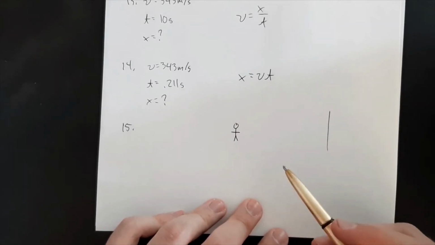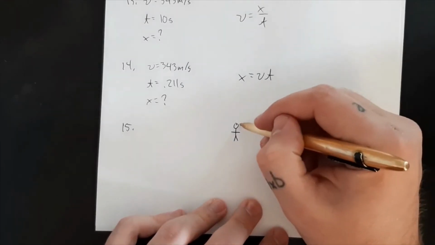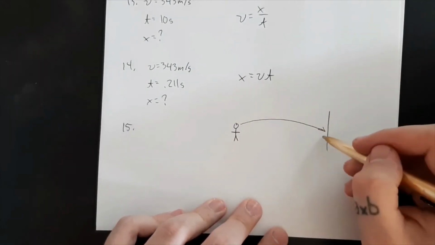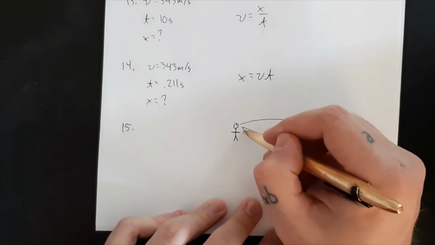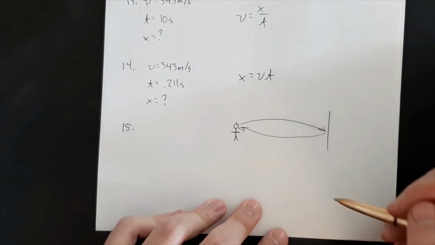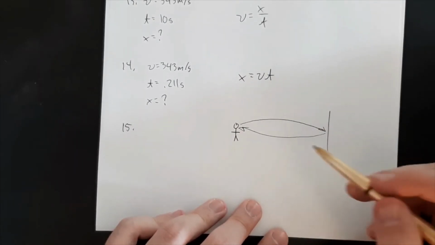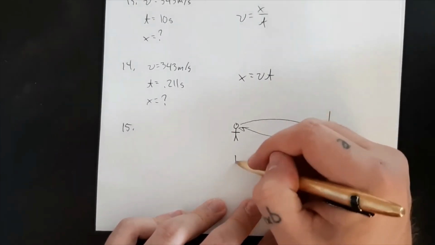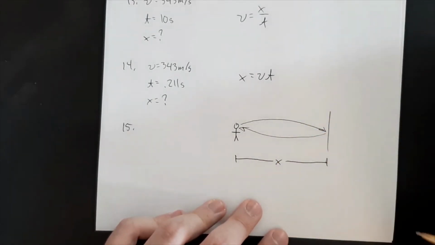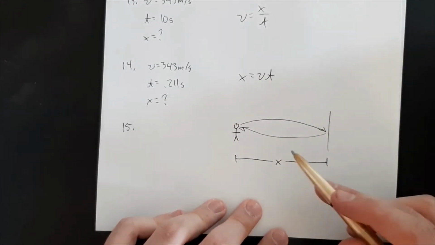So that wave is traveling from him to the wall, and then it has to come back from the wall to him. So total, that 2.5 was the time it took to go twice the distance that we're trying to find, because we're just looking for the distance between him and the wall, not the total distance that the wave traveled. So be careful with this one.